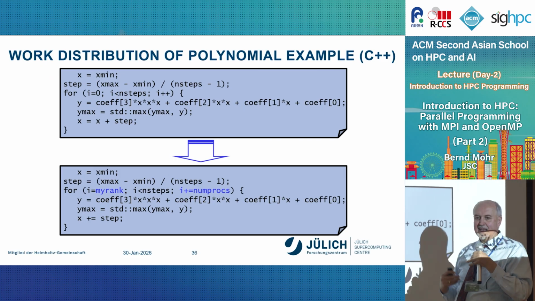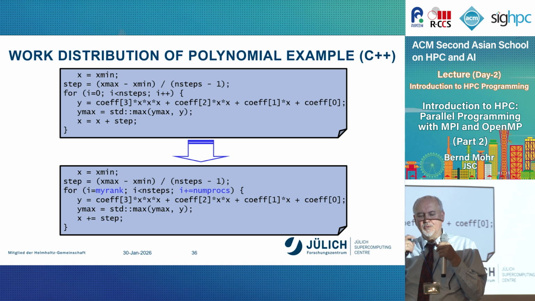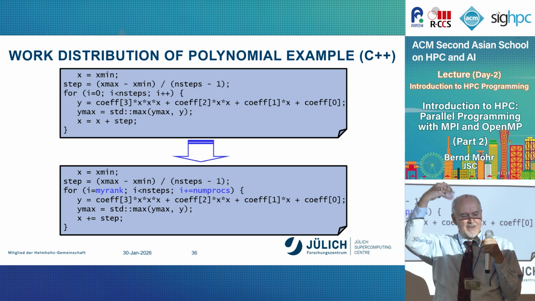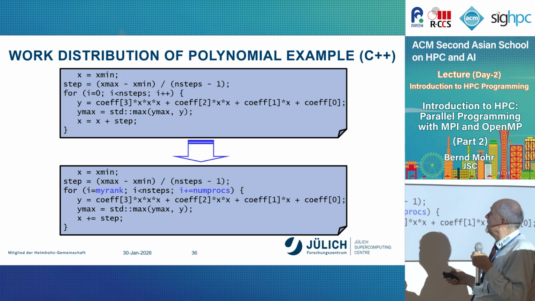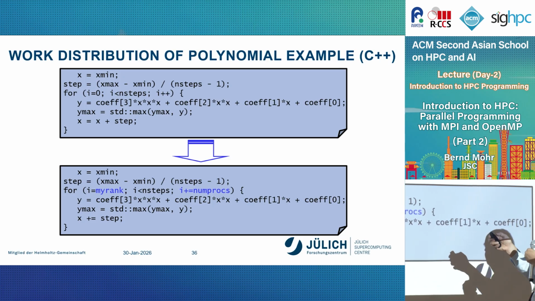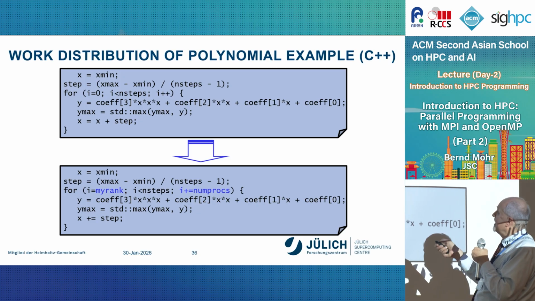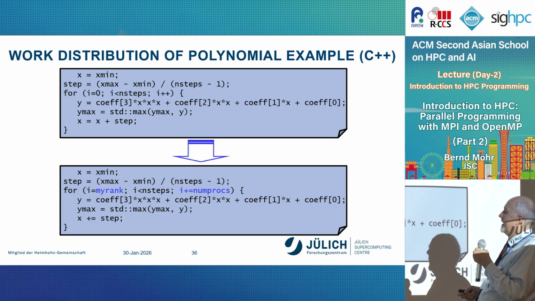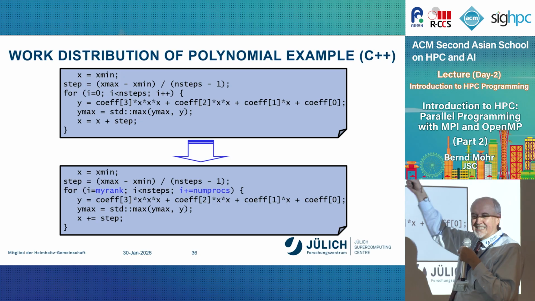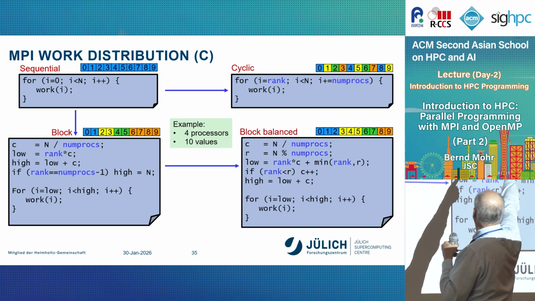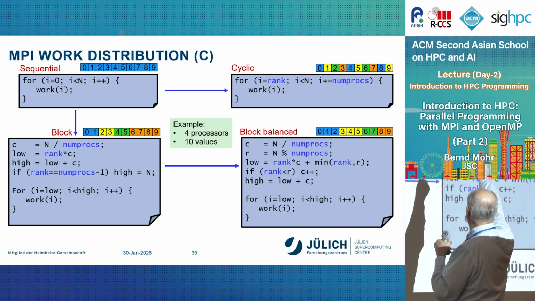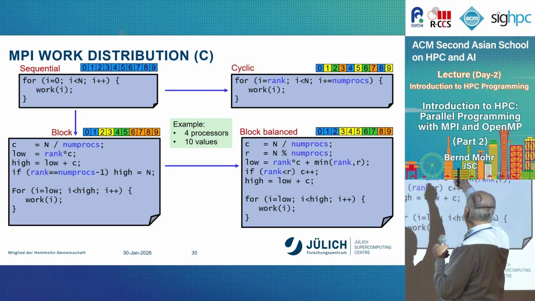Now, in order to parallelize our program, we have to add the MPI functions with comm rank and so on, and then we need to parallelize this loop. We go from here to here. To keep it simple, I use the cyclic distribution, because I just have to change the loop here and here.